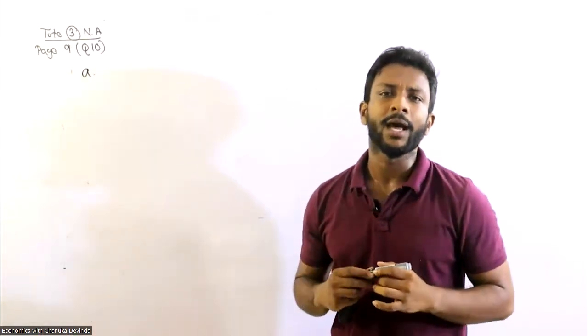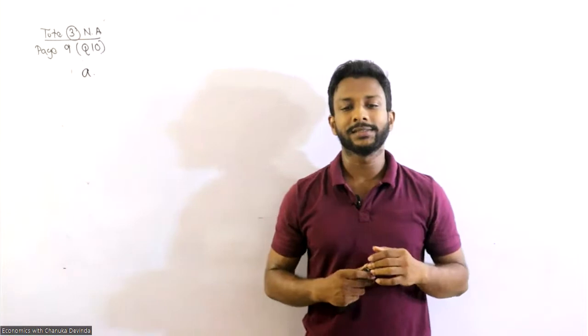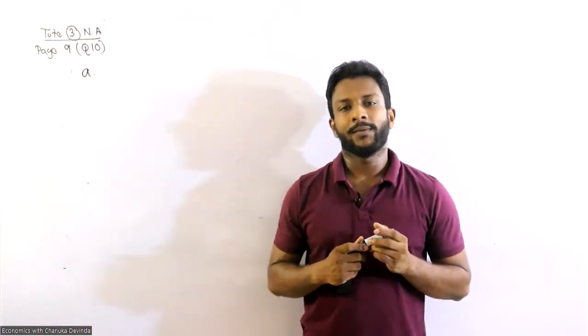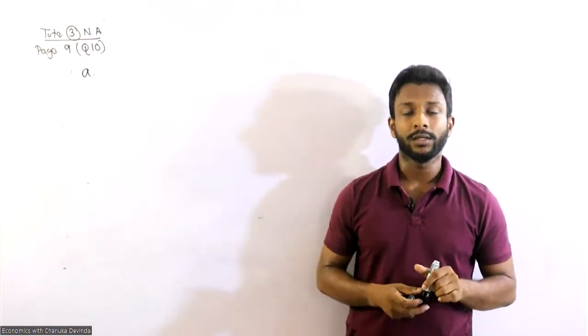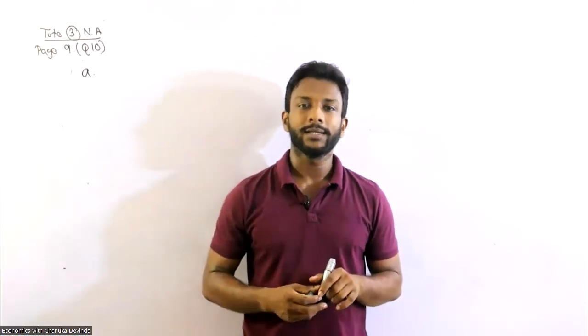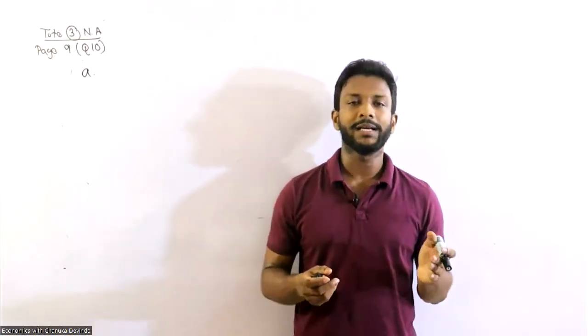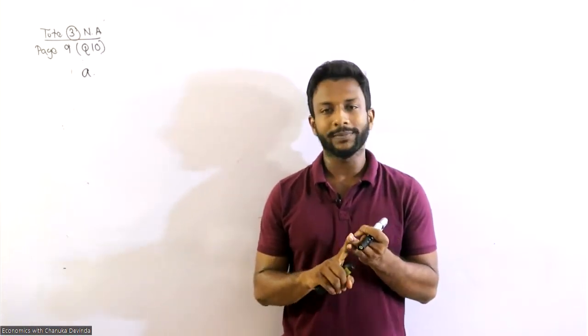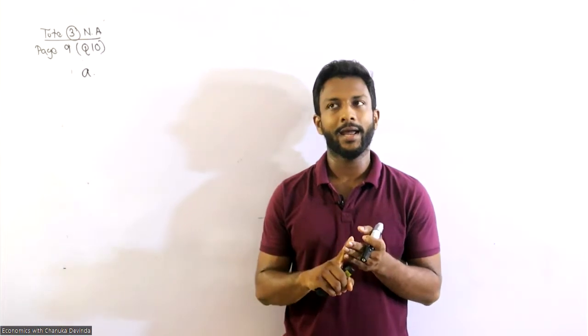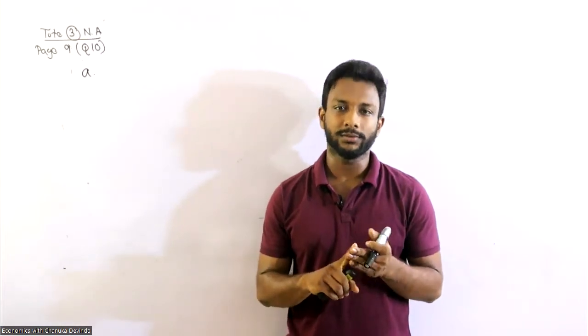How to calculate? Now we know, in the last question we identified how to calculate gross value added at basic price. What was it? Employee compensation, gross operating surplus, and tax on production, right?